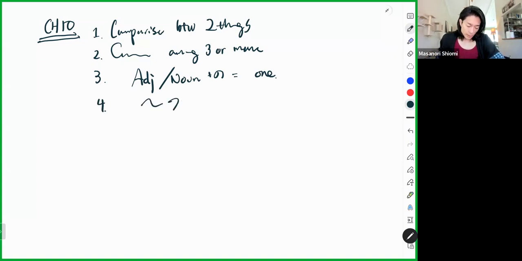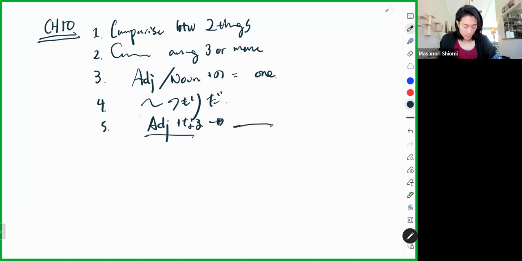つもりだ to mean I'm planning to. Adjective なる. Well, we're gonna dig deeper in this point. Gonna talk more, not only about this, but basically how to change adjective to adverb is what we're gonna talk about.